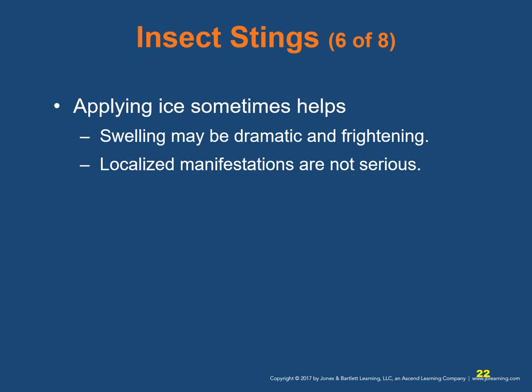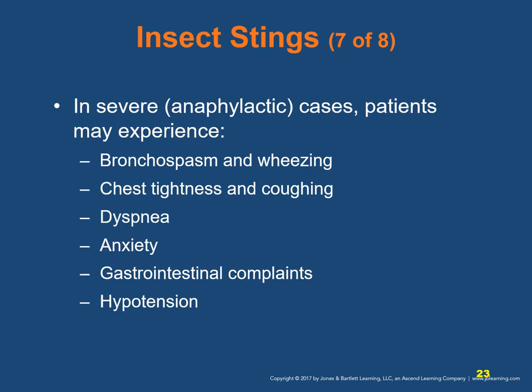The swelling associated with an insect bite may be dramatic and frightening. As long as these manifestations remain localized, they are not usually serious. In more severe or anaphylactic cases, patients may experience bronchospasm and wheezing, chest tightness and coughing, dyspnea, anxiety, gastrointestinal complaints, and hypotension.